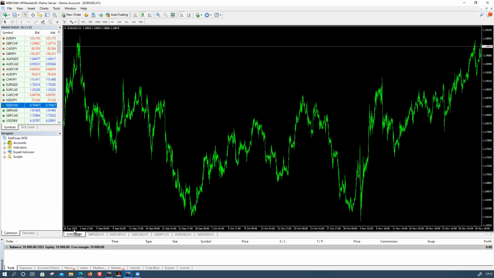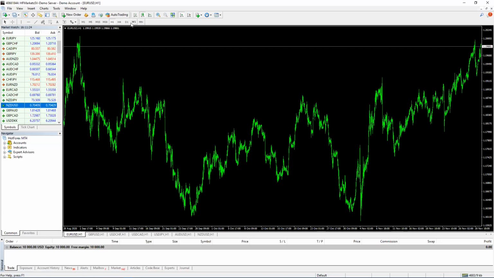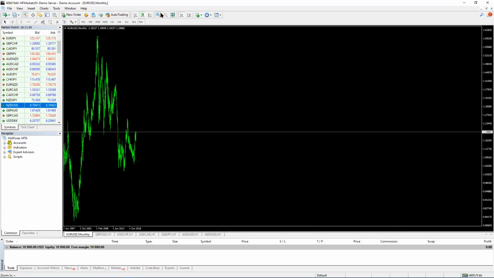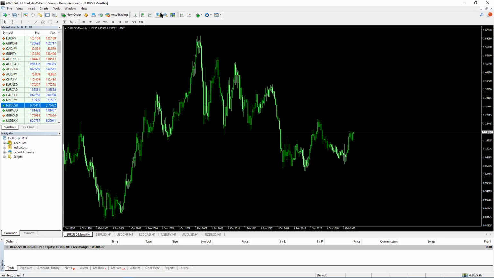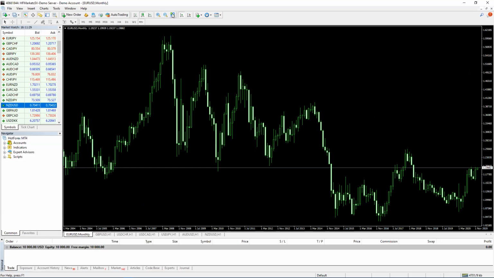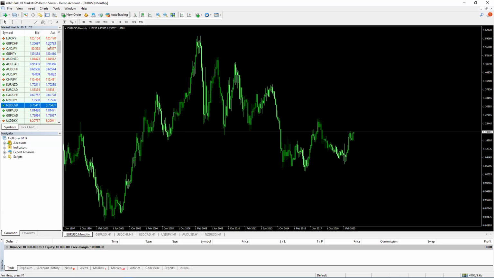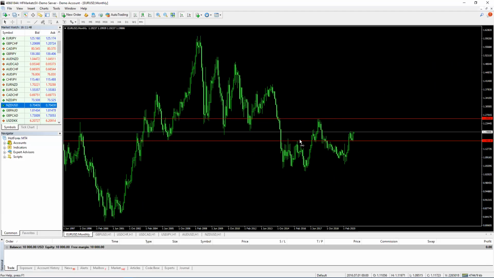This is Euro USD. So the first thing, we're going to go to the monthly time frame. Then the first thing we're going to start with is plotting our support and resistance zones. Okay, we have this point. Then we have this point.